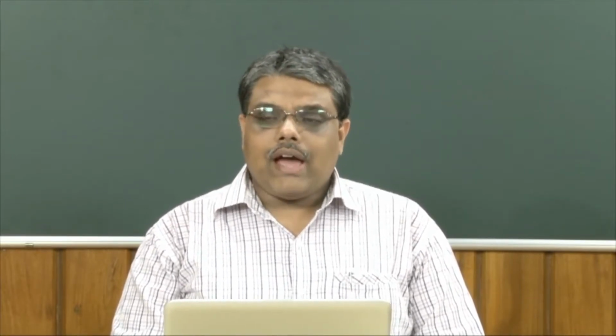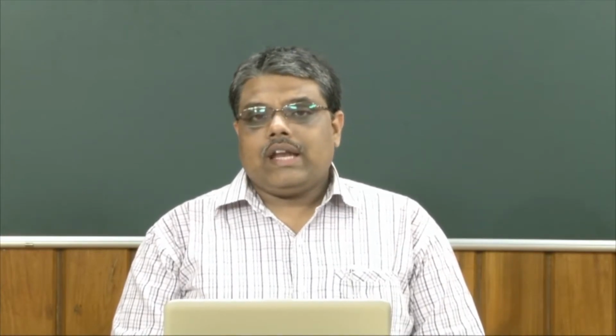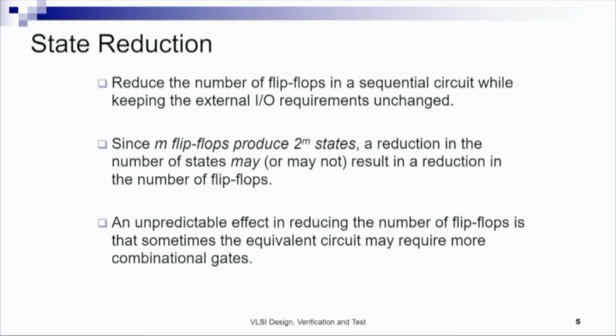However, if we are using that same 4 flip-flop design, and we have done a state reduction, and this reduction has resulted in the number of states reducing from 12 to 7, then previously we were using 4 flip-flops, and now we will be able to realize the same design using 3 flip-flops. An unpredictable effect in reducing the number of flip-flops is that sometimes the equivalent circuit may require more combinational gates.